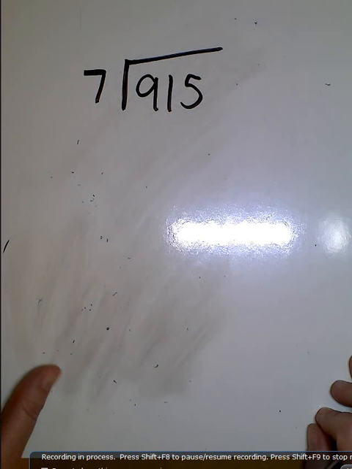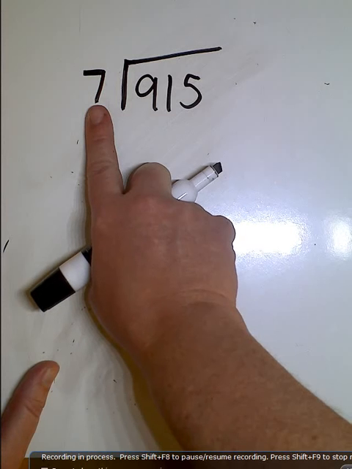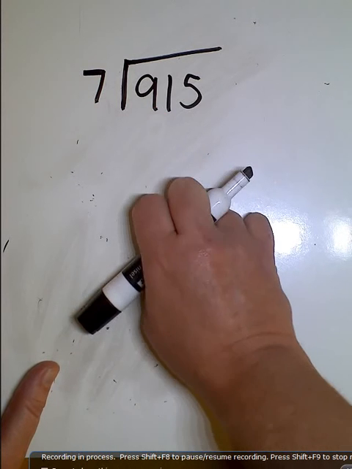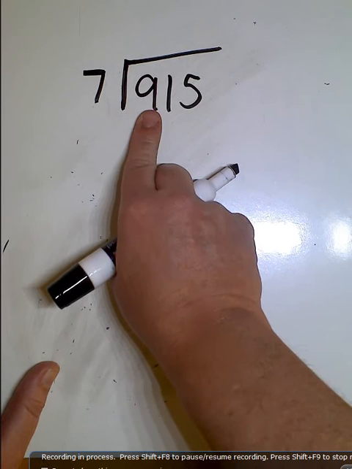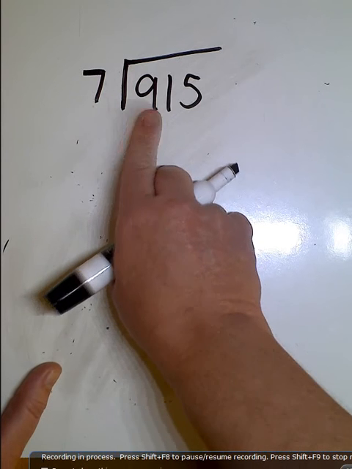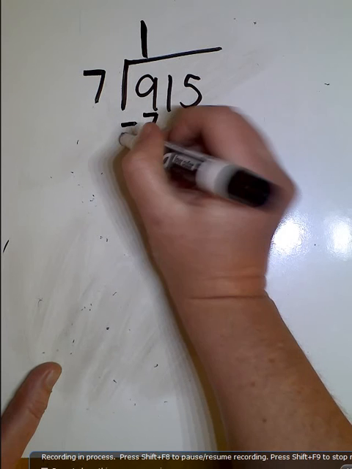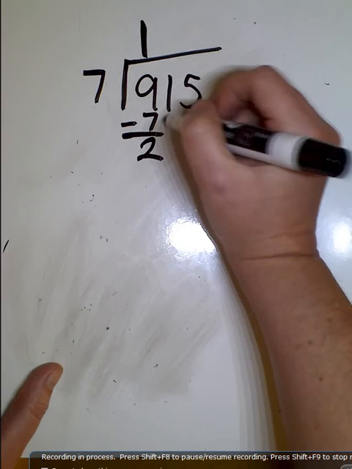So I'm going to ask myself, okay, I have a 1-digit divisor, so I'm going to only look at 1 digit in my dividend at a time. 7 times what equals 9, or something very close without going over. In this case, I know that 7 times 1 is 7. 9 minus 7 is 2. Bring down my next digit.